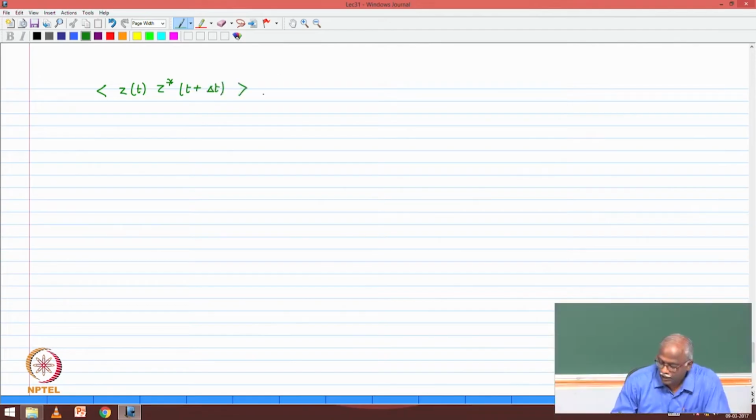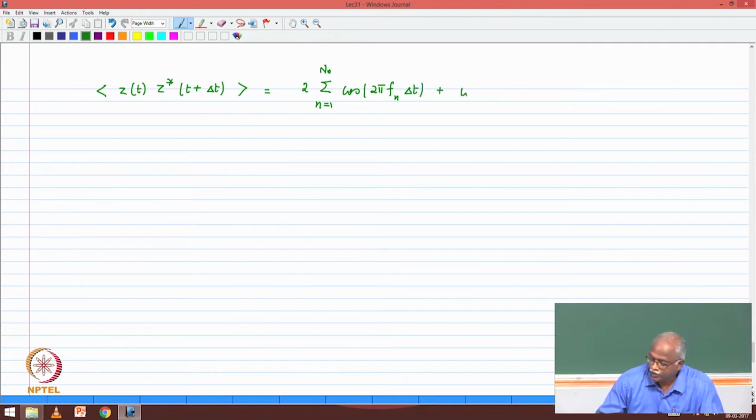So we go back and revisit the result that Jakes' expression gave us. The time average of z of t, z star of t plus delta t, which comes out to be 2 times, which we have verified to be equal to n naught, cosine 2 pi f d fn times delta t plus cosine 2 pi f d delta t, where fn is given by 2 pi divided by n into n.